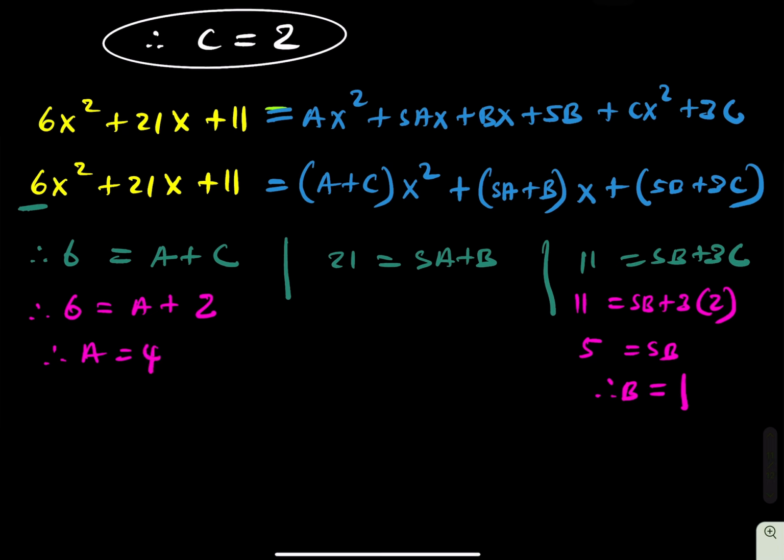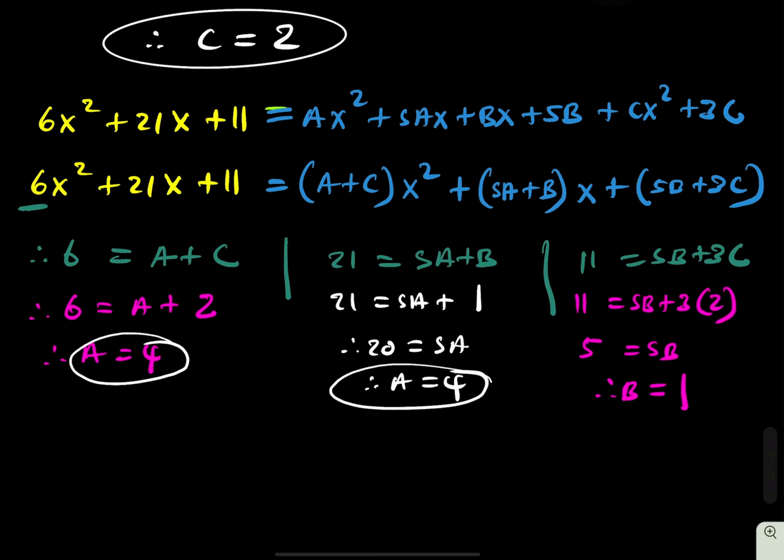Or alternatively, you can plug your b there to get a. It must give you the same answer. Let's check it. This will be 21 equals 5a plus b. b is 1. So this becomes 20 equals 5a. Therefore, a is 4 as well. So a is 4, and your b is 1.